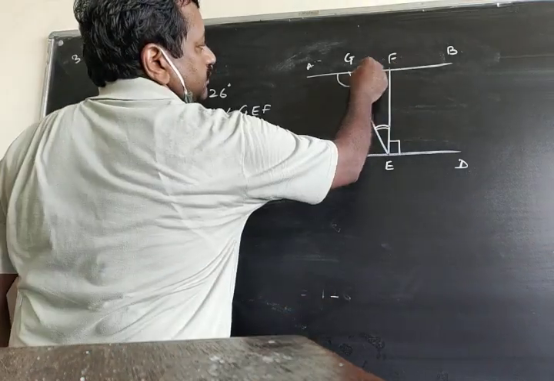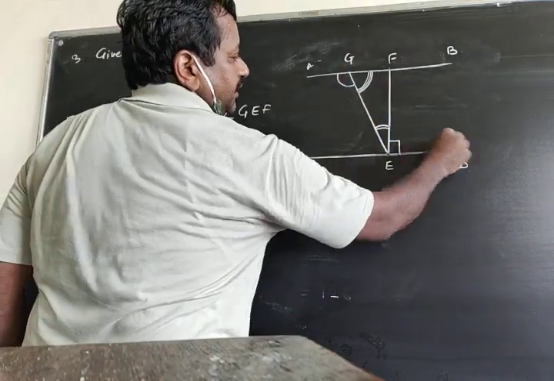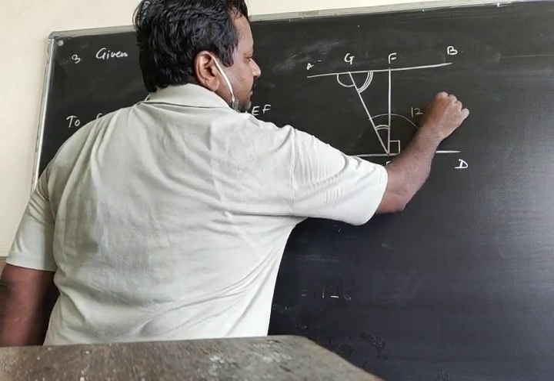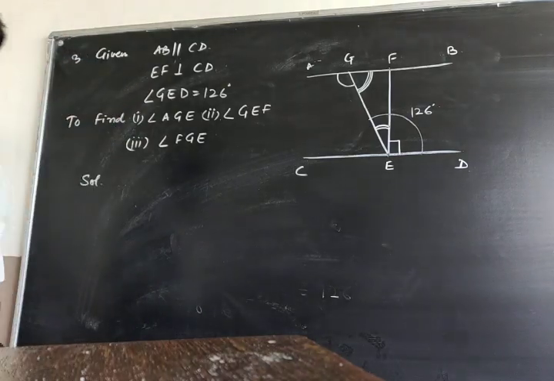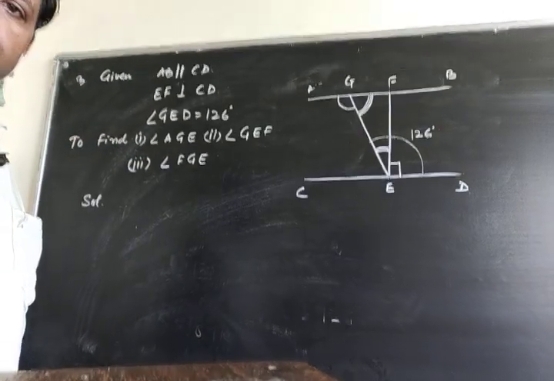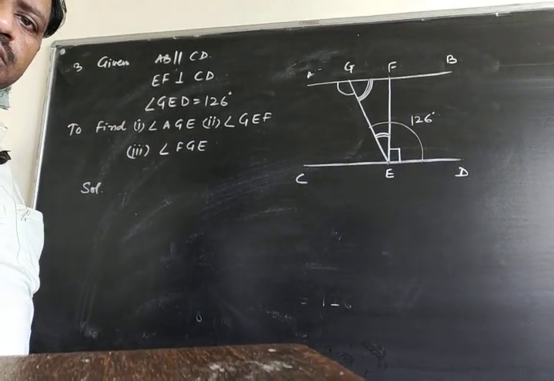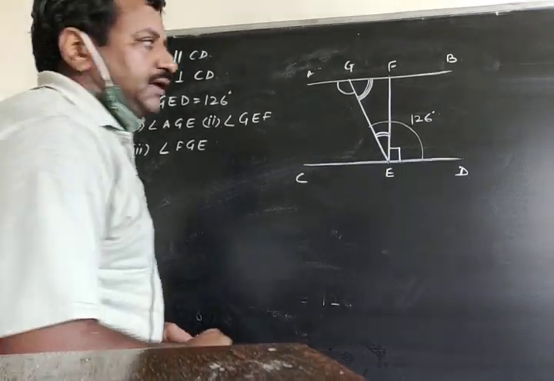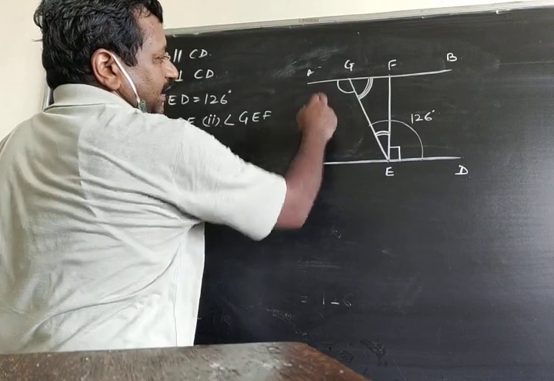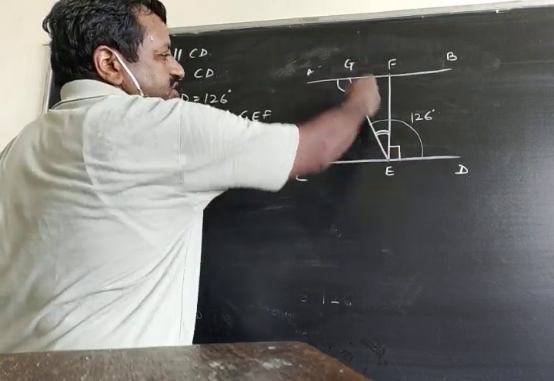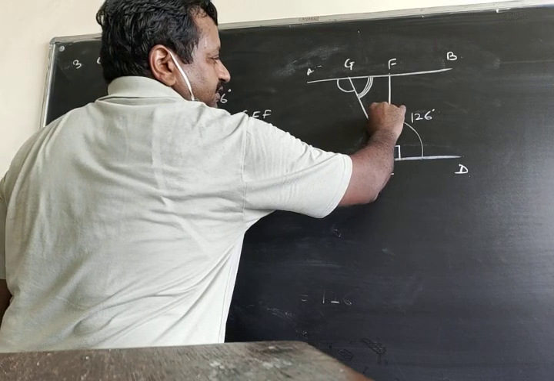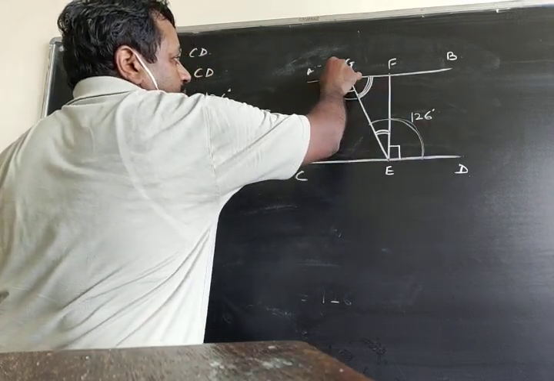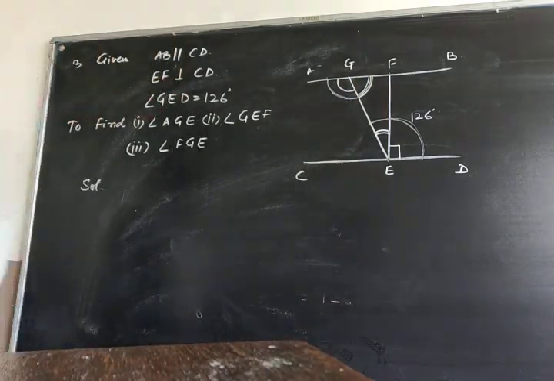GED, this complete angle is given as 126 degrees. So you can see that if I take these two lines as parallel lines and GE as transversal, then this complete angle will be equal to this complete angle because of alternate interior angles.